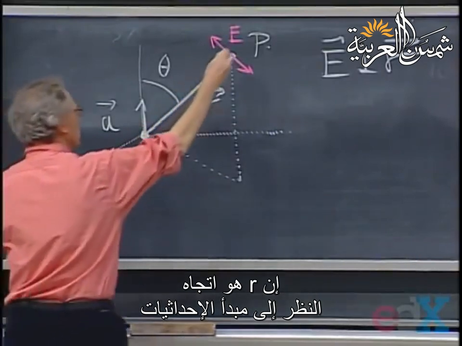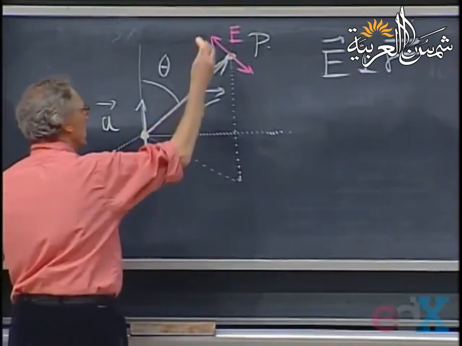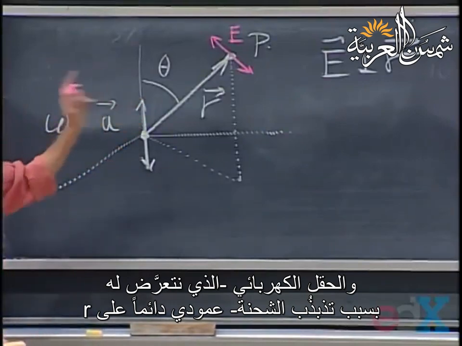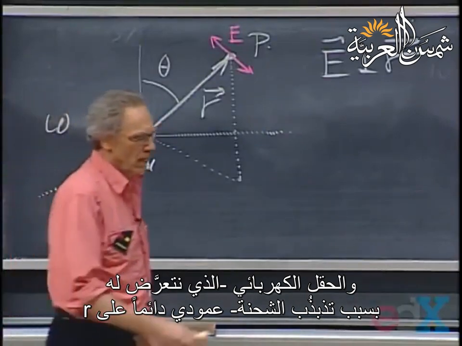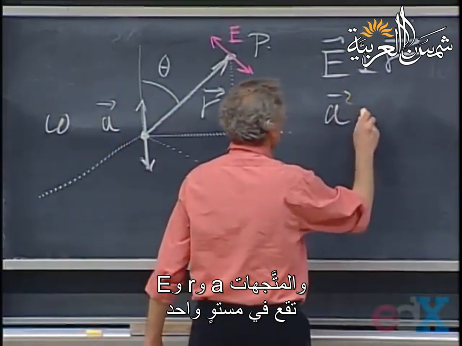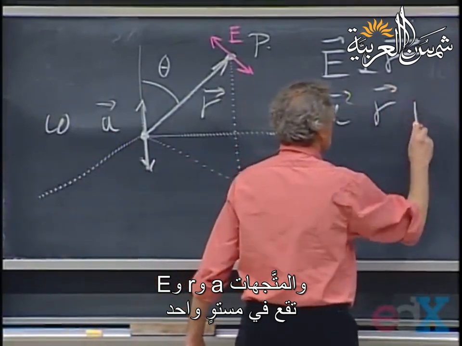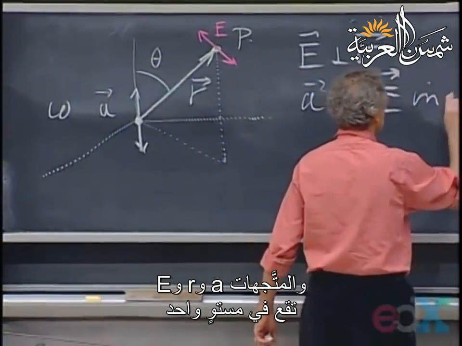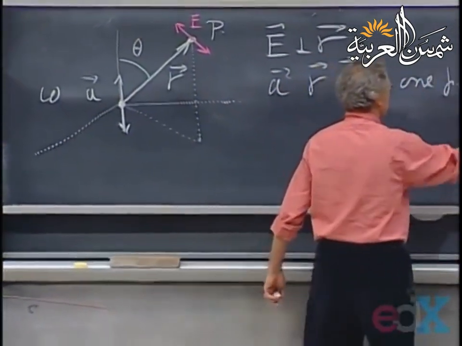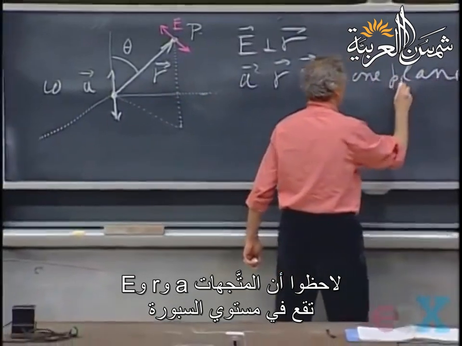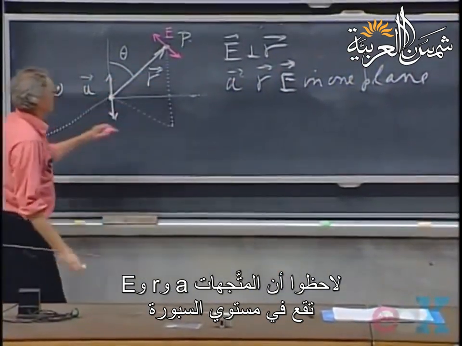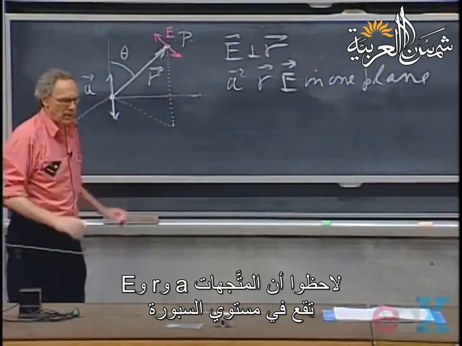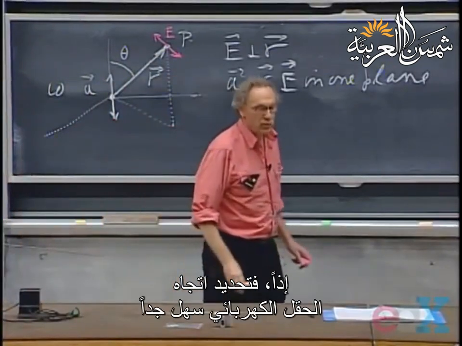So you're looking in this direction to the charge, the electric field that you experience, if the charge is doing this, it's always perpendicular to R. And A and R and E are always in one plane. And notice, that's the way I drew it on the blackboard. E and A and R are in one plane. So it's extremely simple.